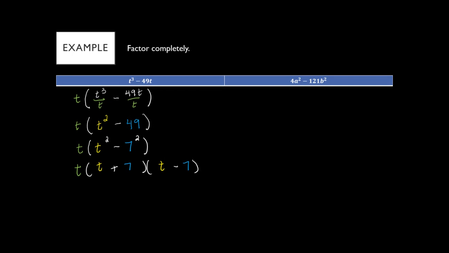So this is a difference of squares, even if it doesn't really look like it. But we can rewrite it as such. So 4 is 2 squared, and then a squared is a squared, basically. And so the base is 2a, and then that whole thing is squared.